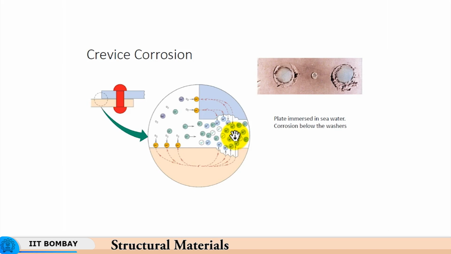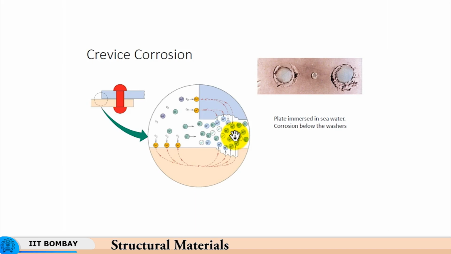In addition to that, you have oxygen that is dissolved in the water. So, what happens here is that you have these oxygen ions forming OH minus over here by virtue of the electrons coming in, and Cl minus ions go into the crevice. Okay, the Cl minus ions go into the crevice and start corroding this metal.